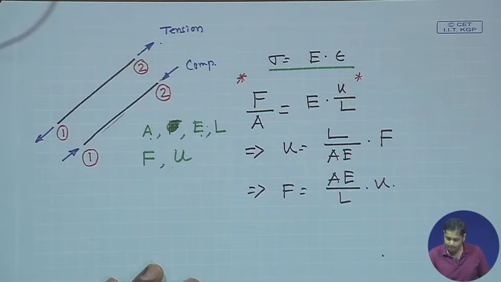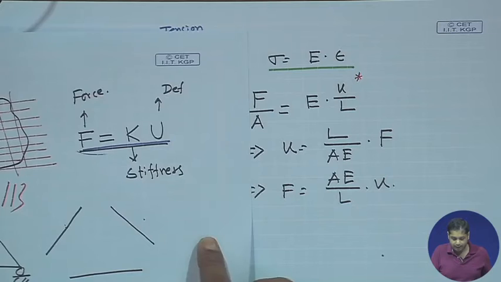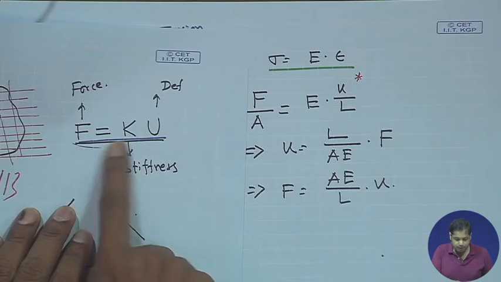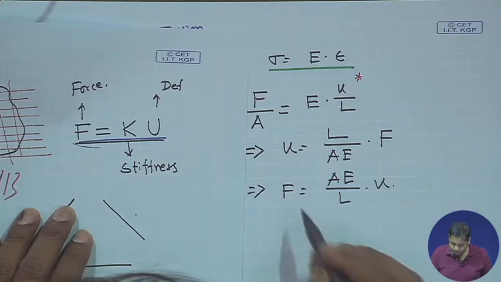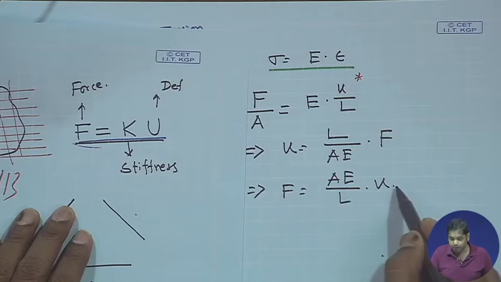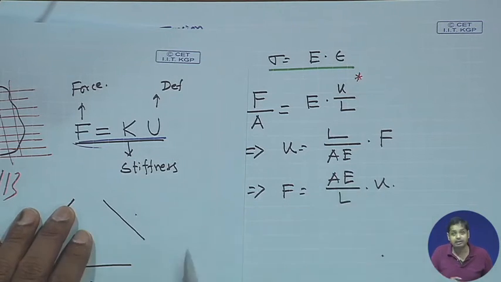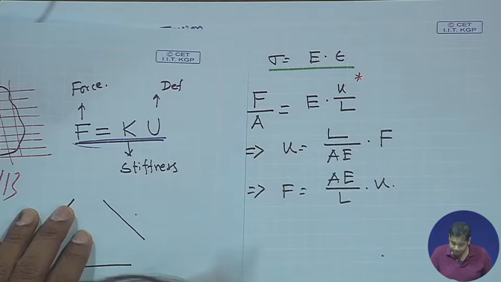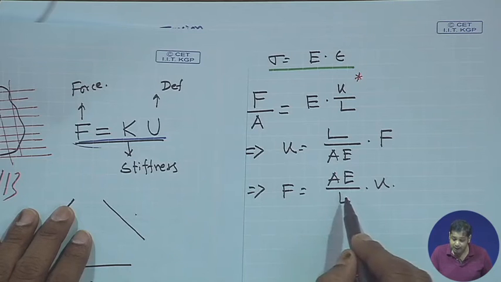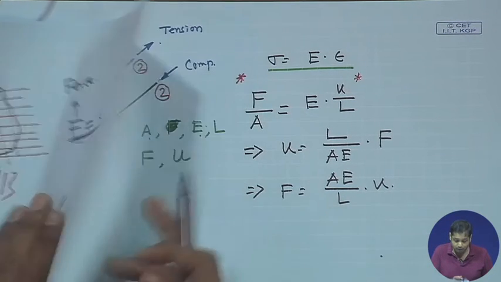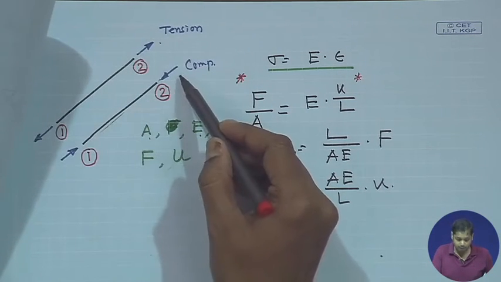Now, you see, this was the relation we had, that force is equal to stiffness into displacement. Here also we have a similar thing: force is equal to something into displacement, and this something is essentially the stiffness.